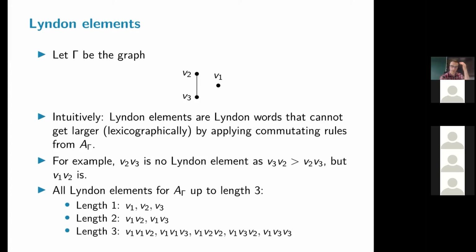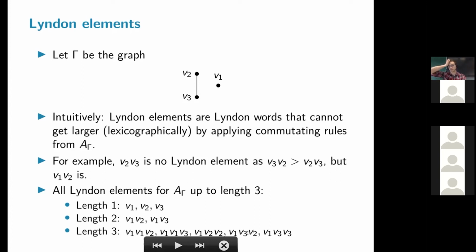I won't go into detail here as to why it works. But for instance, if you take v1, v2, v3, so here you have v1, v3, v2, but if we swap v3 and v2, these words get smaller. So conversely, if we start with v1, v3, v2, by swapping 2 and 3, the word gets bigger.